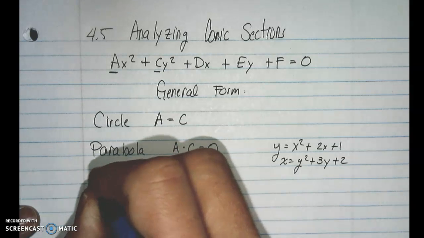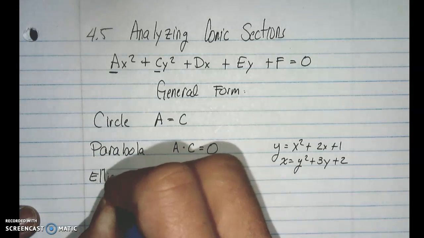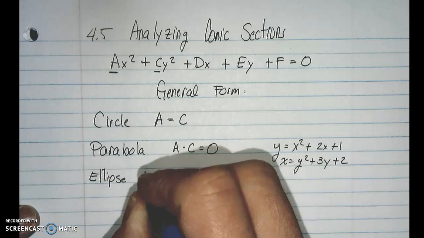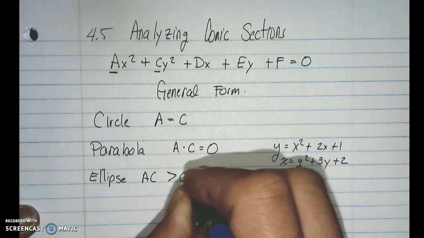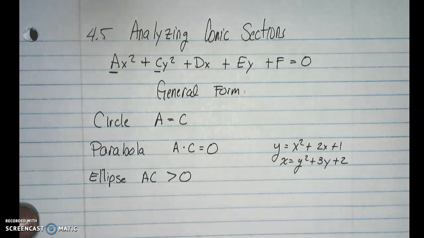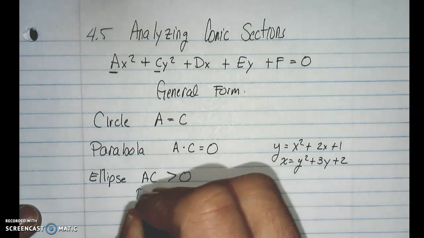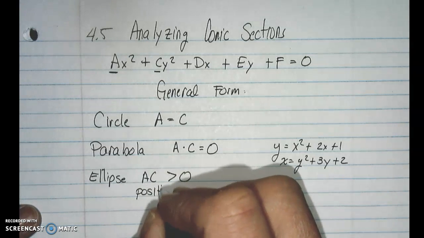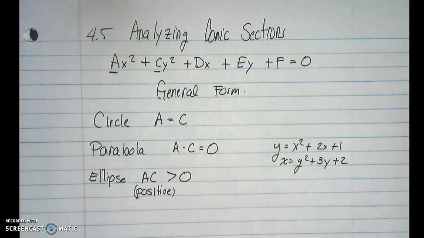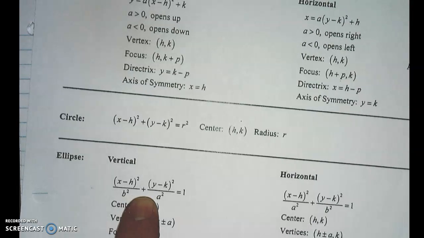So in an ellipse, if we take A times C, it's greater than 0. That means that A times C is positive. And if you go back to your paper, the ellipse right here is positive.